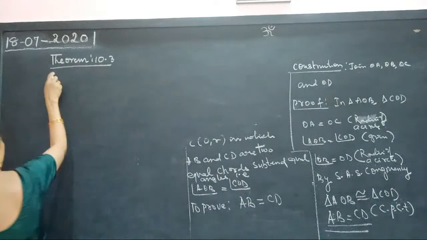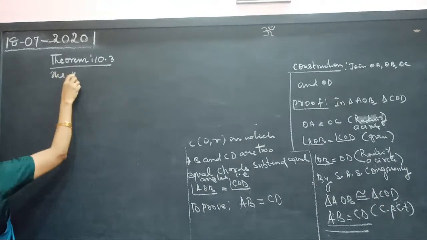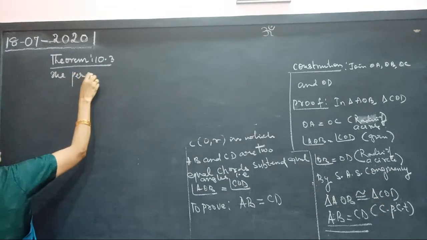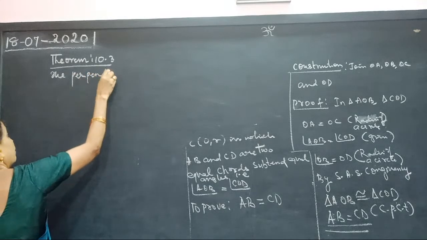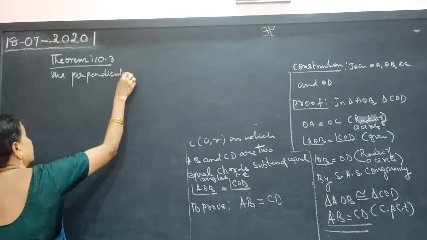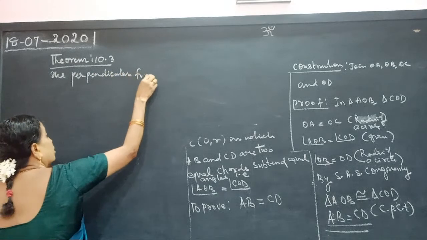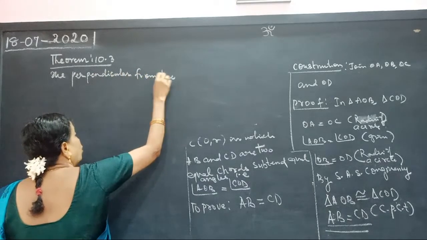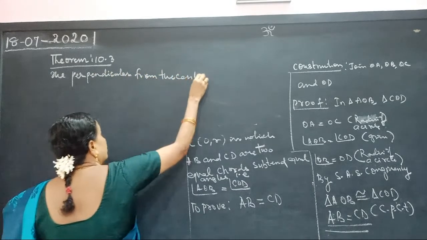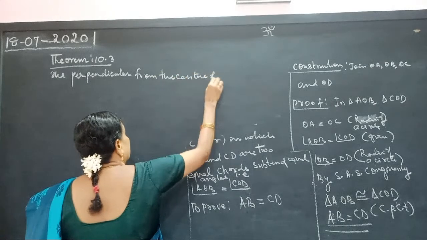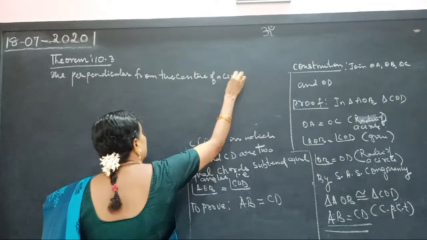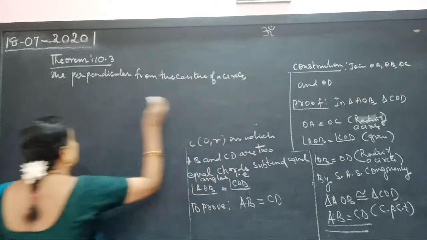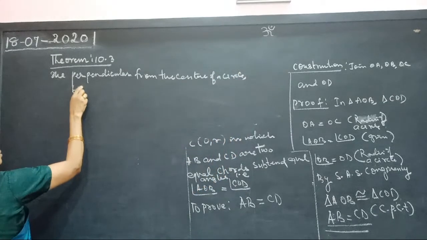Take the statement. The perpendicular from the center of a circle bisects the chord.